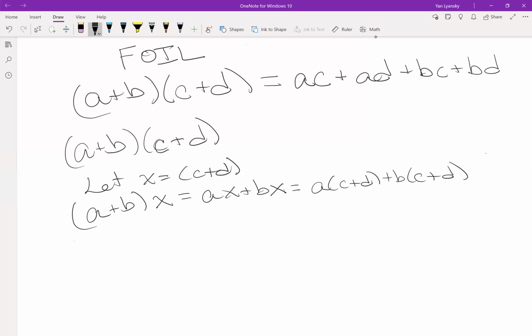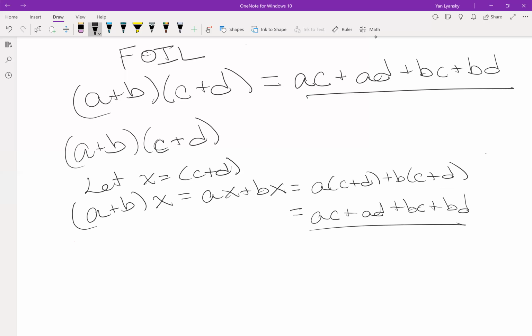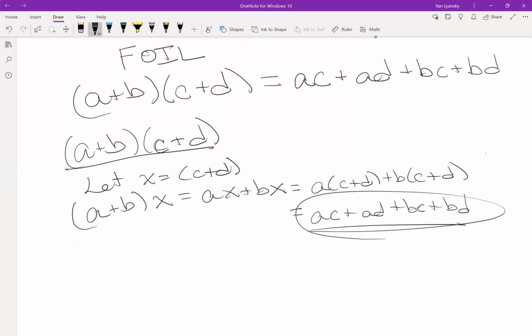I'm going to say twice. But right here, what I have is ac + ad + bc + bd. Is this exactly what I needed? It is. So therefore, this is equal to what I needed. And that is the proof of the FOIL method. That's where it comes from.